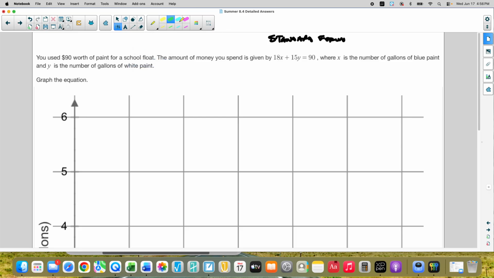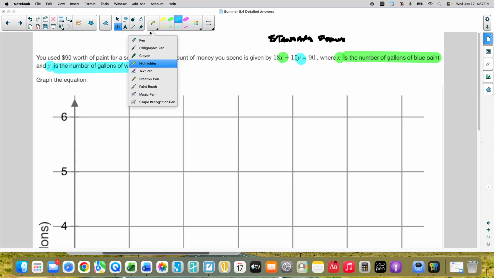So my x value is going to be the number of gallons of blue paint, and y is the number of gallons of white paint. Okay. Got it. So we can either solve for y and find the slope and the y-intercept, or we can find the x and y-intercepts. I like the x and y-intercepts, and I'm going to show you why I like x and y-intercepts.